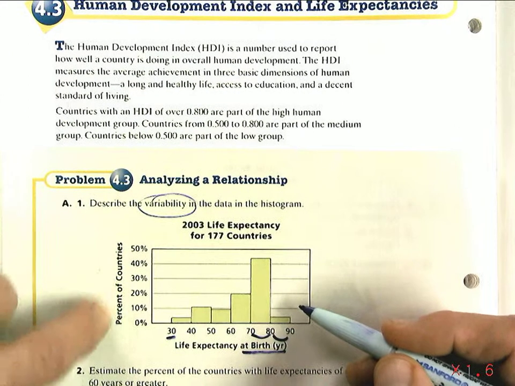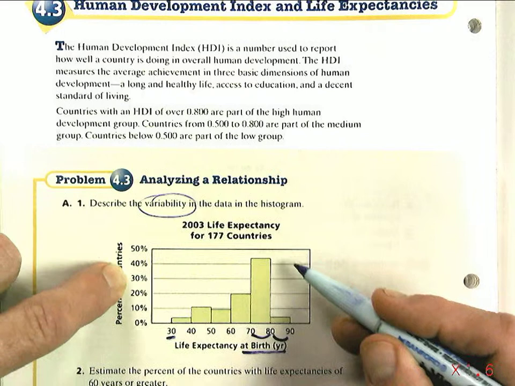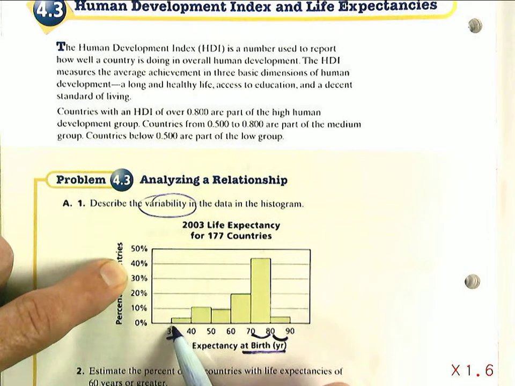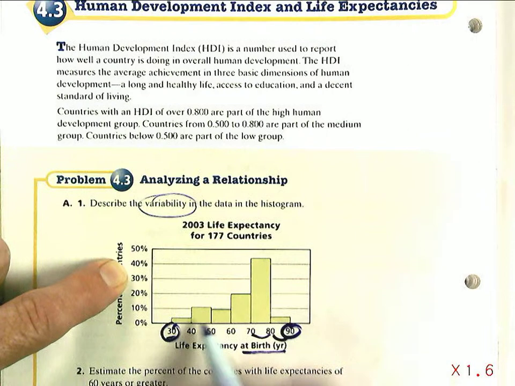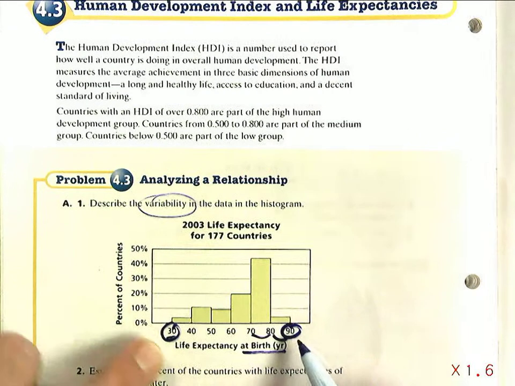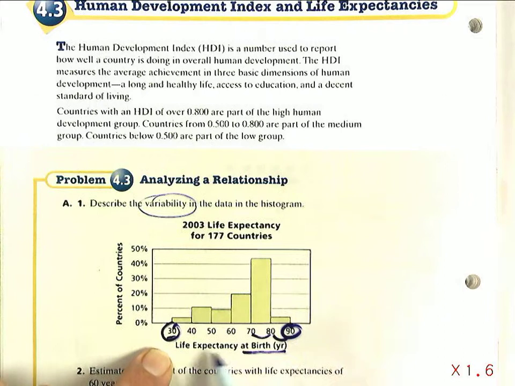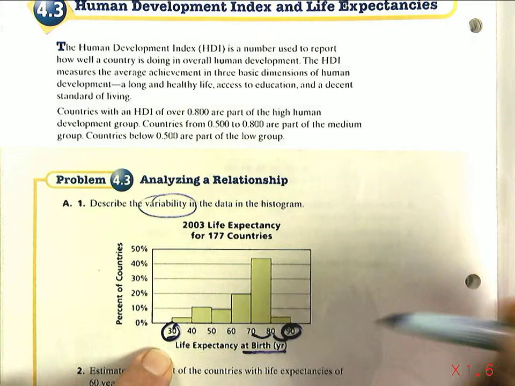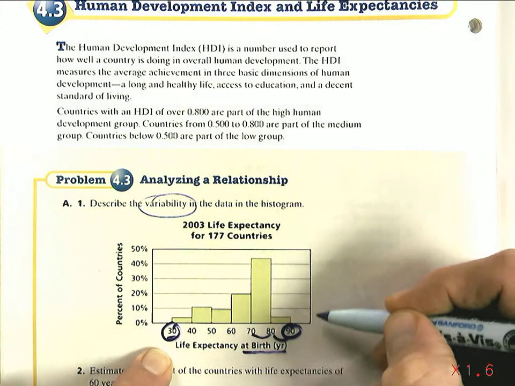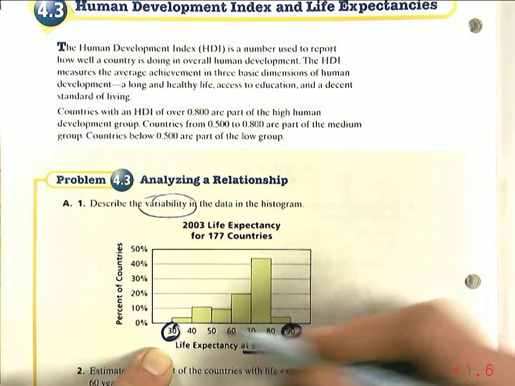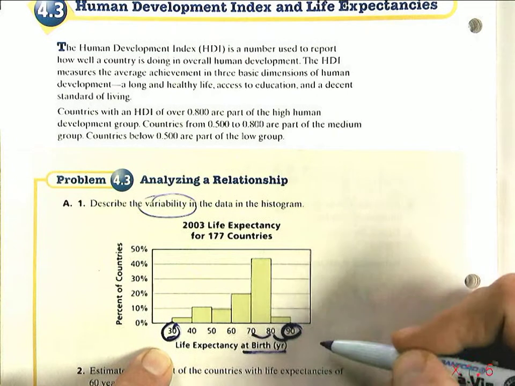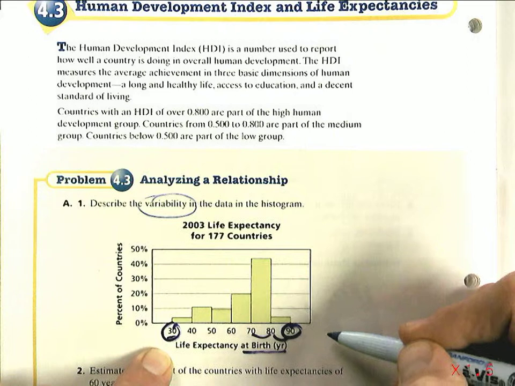The percents on the sides are listed. So it varies from 30 to 90 years. That's the life expectancy. So that's one way to describe the variability, that life expectancy varies from 30 to 90 years. Another way to describe variability: you can always describe variability two ways in a graph, usually one in a horizontal direction, which we often call the X direction.